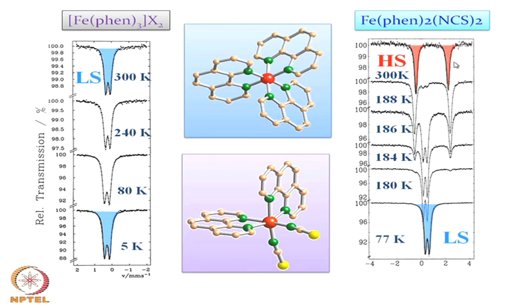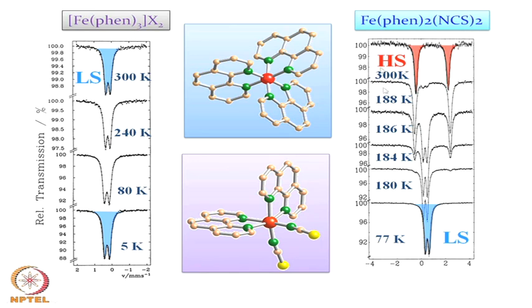So, we have a different splitting and a different separation for these 2 lines, which can be characterized for the high spin state of the molecule and which has been achieved at 300 K. So, that is why the Mossbauer spectroscopic data are nicely explaining the explanation we get through the magnetic moment measurements.